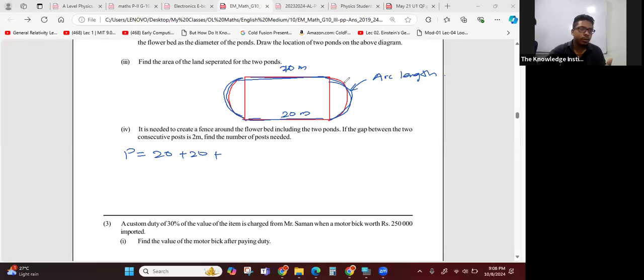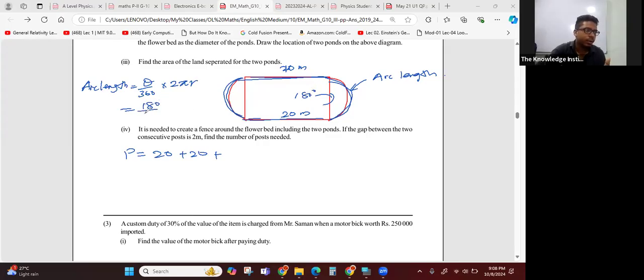So here the arc length you can find, the formula to find the arc length is theta over 360 into 2 pi r. Here theta is a semicircle, so the angle will be 180 degrees.